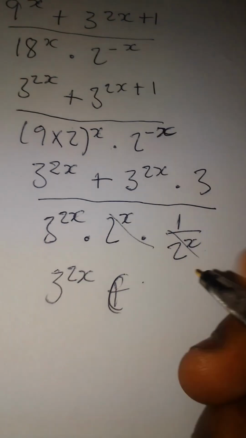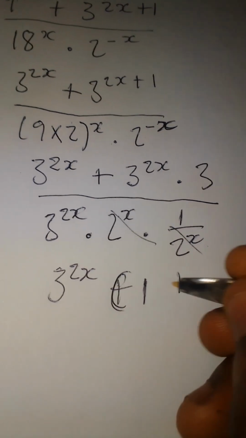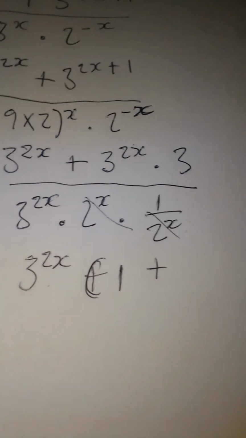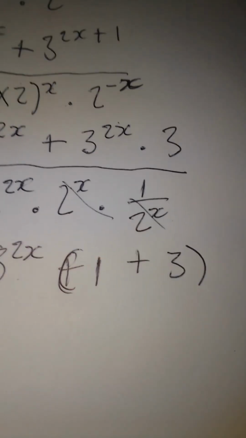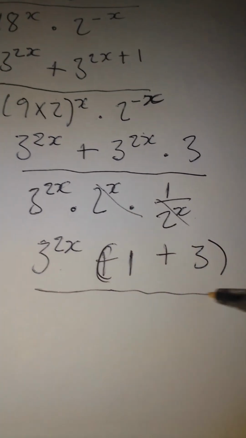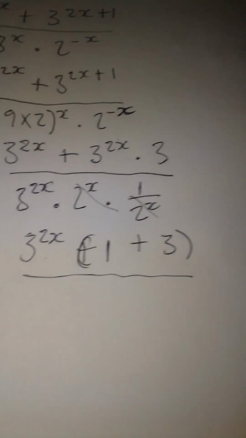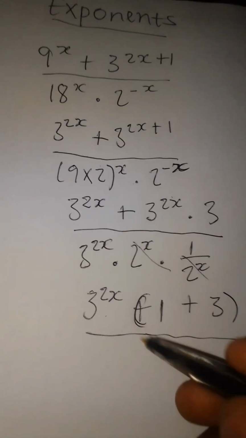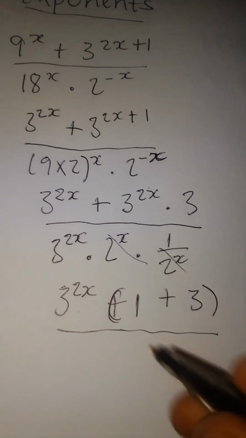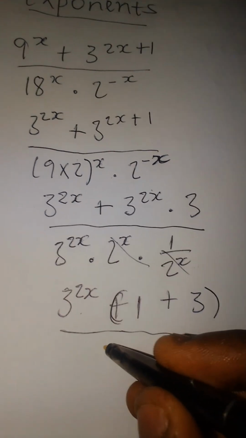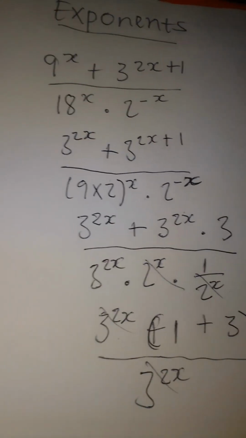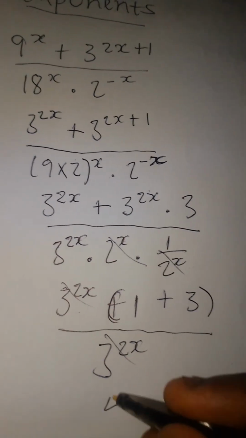I have here 1 plus, this divided into this cancels, so I remain with 3 divided by, I'm still going to remain with this. Remember, this has been cancelled, so I'm still going to remain with my 3 to the power of 2x, which cancel each other. Then my answer is going to be 4.